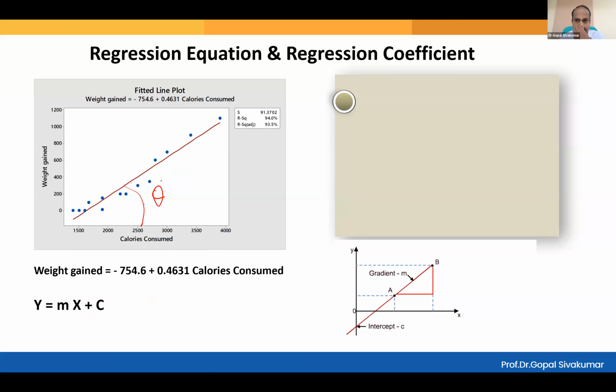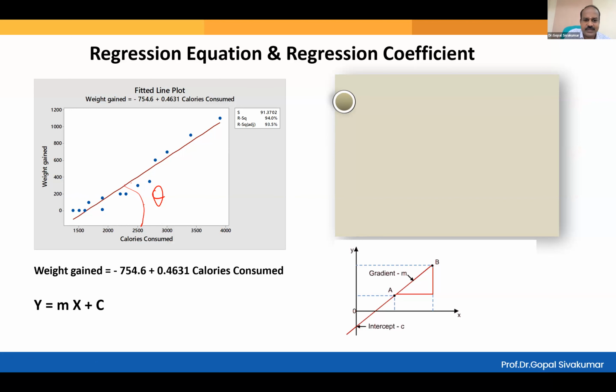Will you be able to measure this angle? Yes, in degrees. How can you measure? You know the geometry box, all of you might have used in school, right? That instrument is known as a protractor, right? You take that protractor and measure this angle.